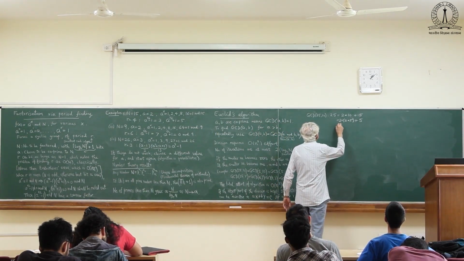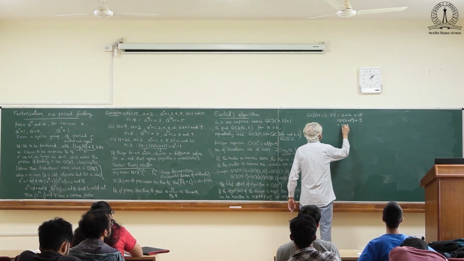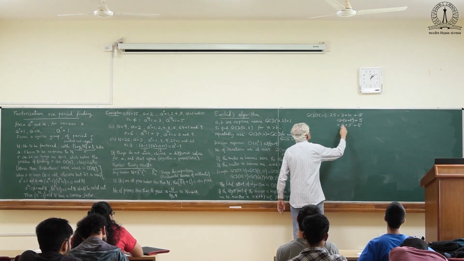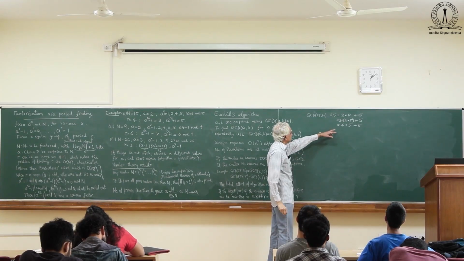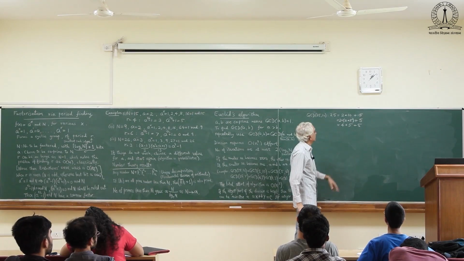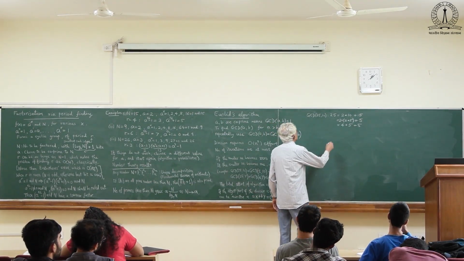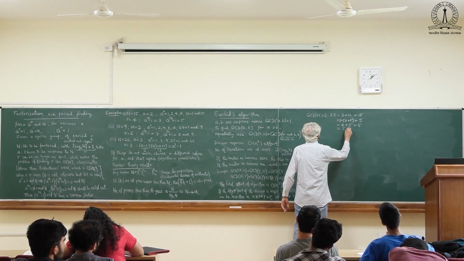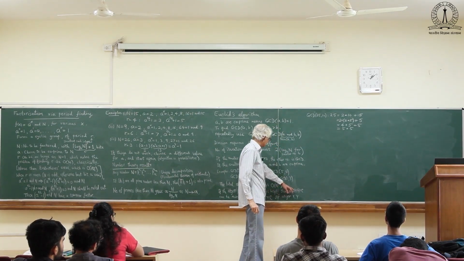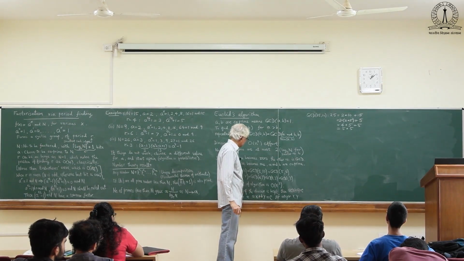And then you can simplify. This is one integer, this is another. So it is 4 times 5 plus 5. The point is I can reduce everything in terms of the second number. And it lands up with a statement like this.